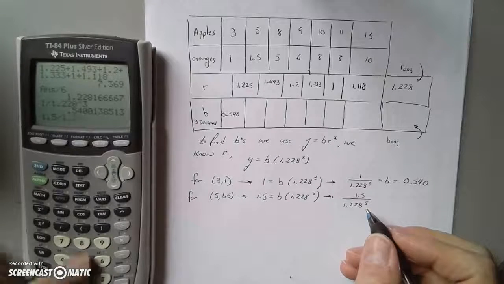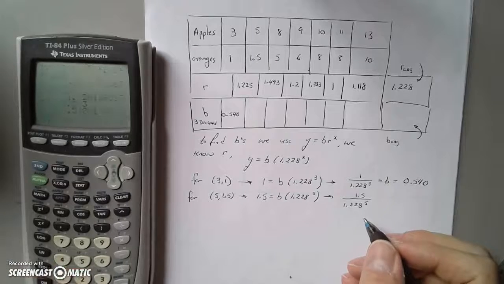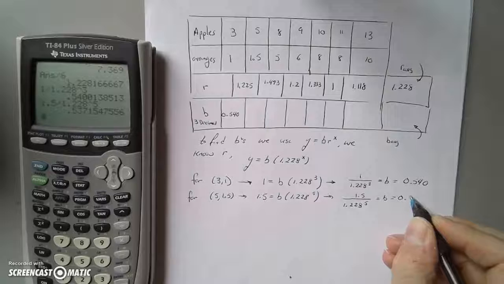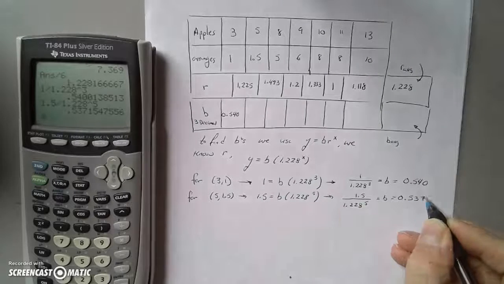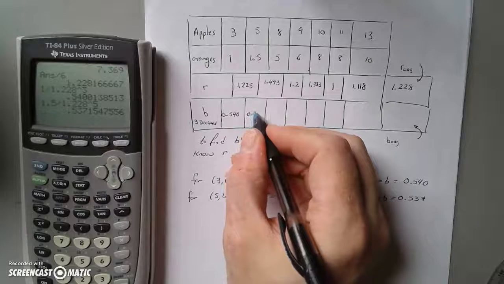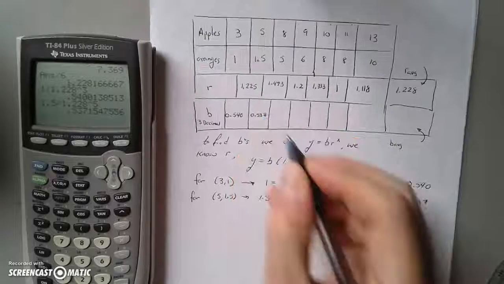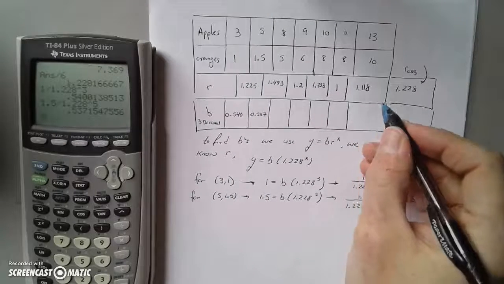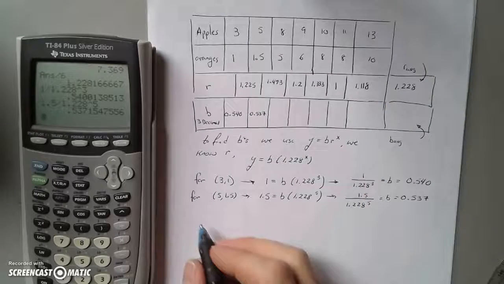Let's calculate that. b equals 0.537. And again, I'm going to do a couple more and then have you finish the chart out.